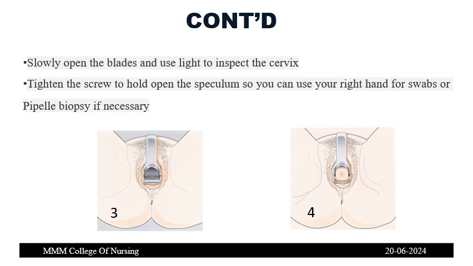And in 4 we see that you slowly open the blades and use the light to inspect the cervix, and tighten the screw to hold up the speculum, so you can use your right hand for swabs or biopsy if necessary. Any kind of biopsy, cervical biopsy you can do. That is given in picture number 4.